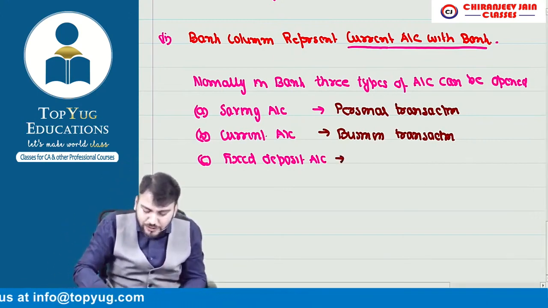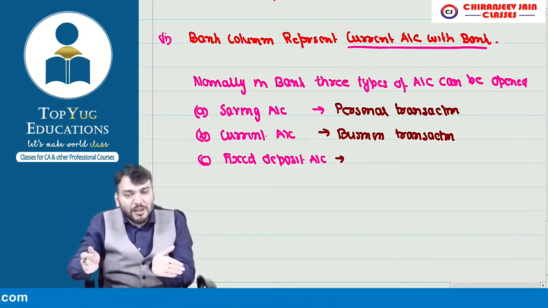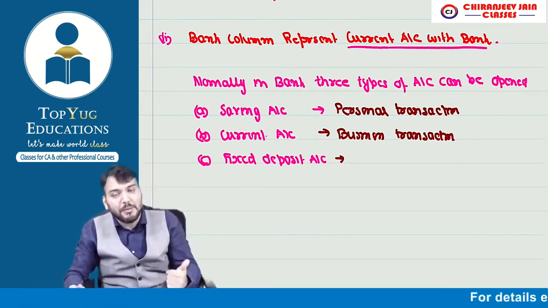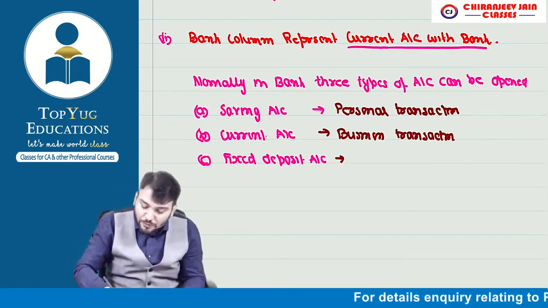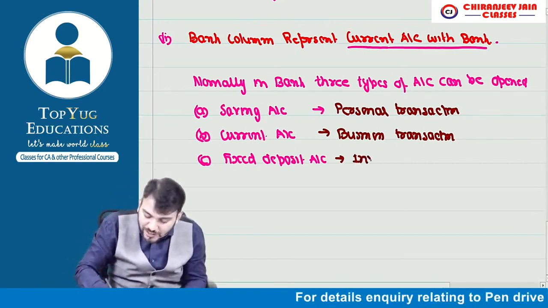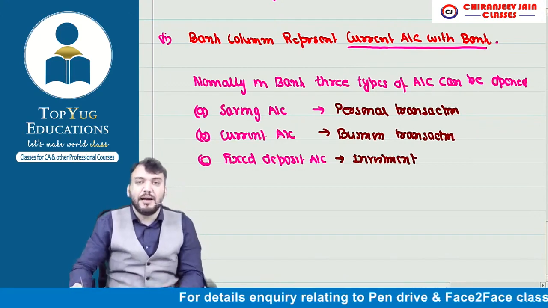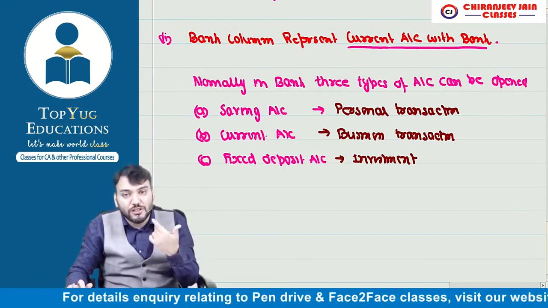And fixed deposit is one type of deposit, where we have deposited some amount, and that amount will be receivable after some years. So that is only one type of investment. Fixed deposit is just an investment in bank. So for that we do not prepare a cash book, because there we do not deposit and withdraw.